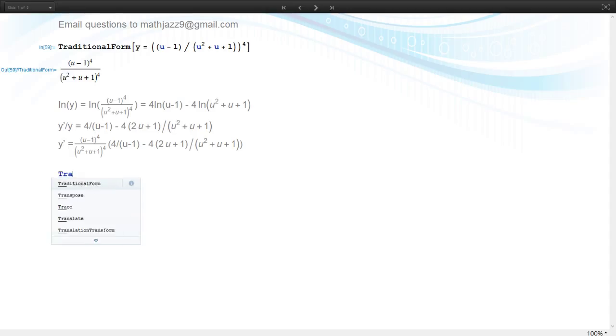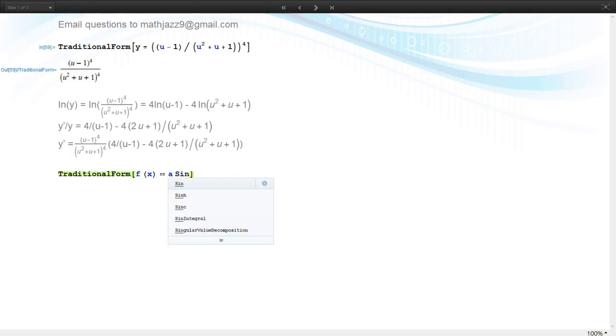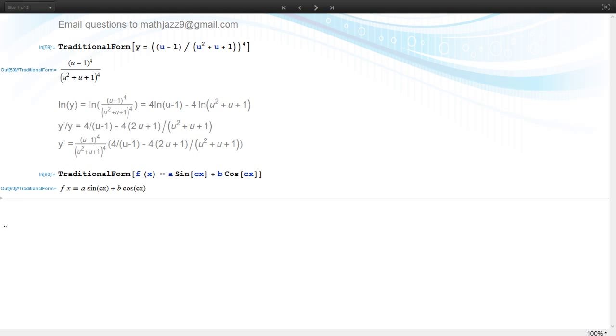We're asked, if f of x equals a times sine of cx, plus b times cosine of cx, where a, b, and c are constants, then what is the second derivative of f?